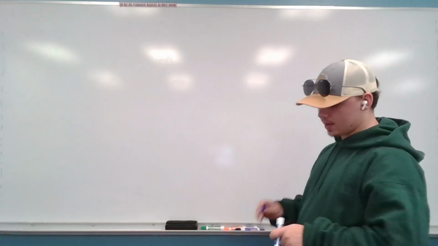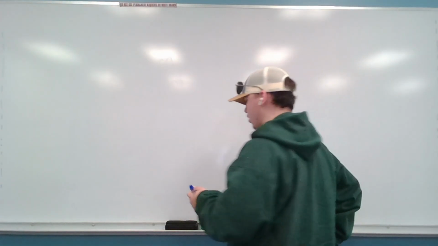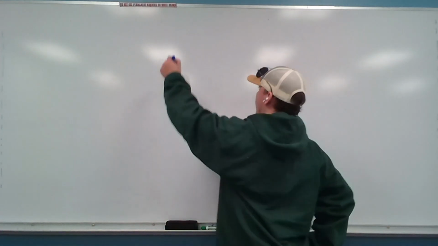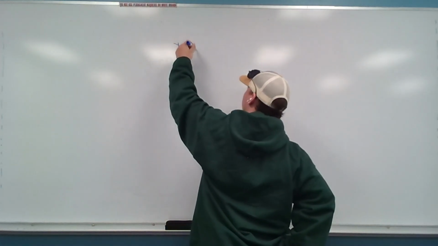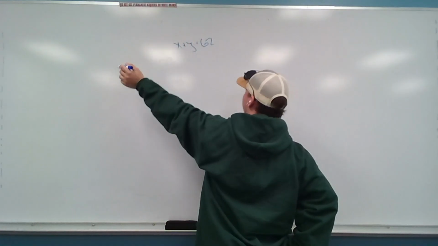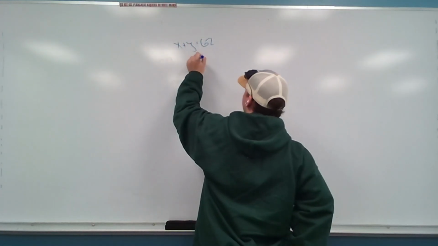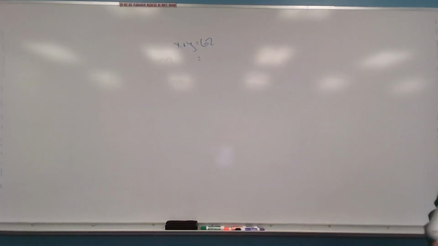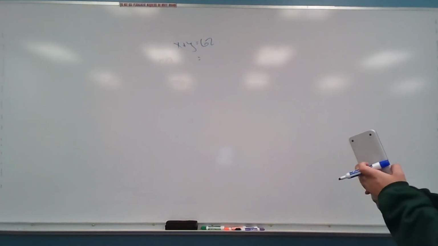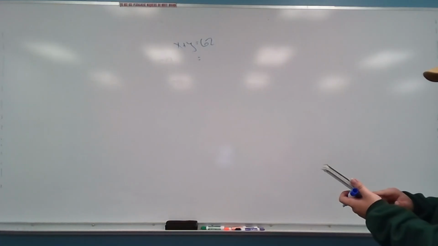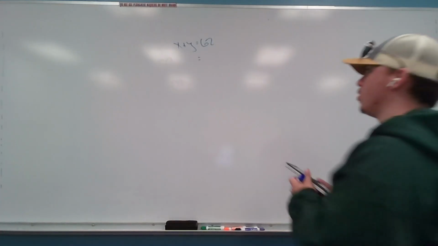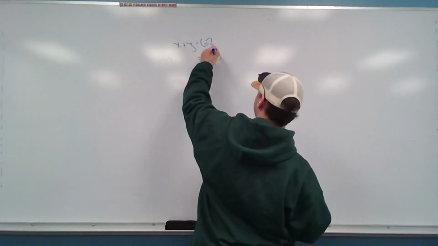So maybe in high school, in algebra, you saw questions like: find two numbers, x and y, that when added together equal 62 and when multiplied together equal 600.